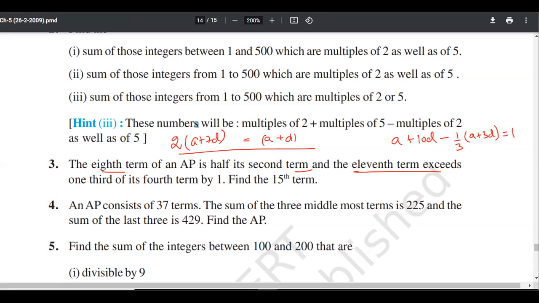Positive 3 or negative 3? Positive 3. Sir, I got negative 3. You get negative 3. Okay, let me check.